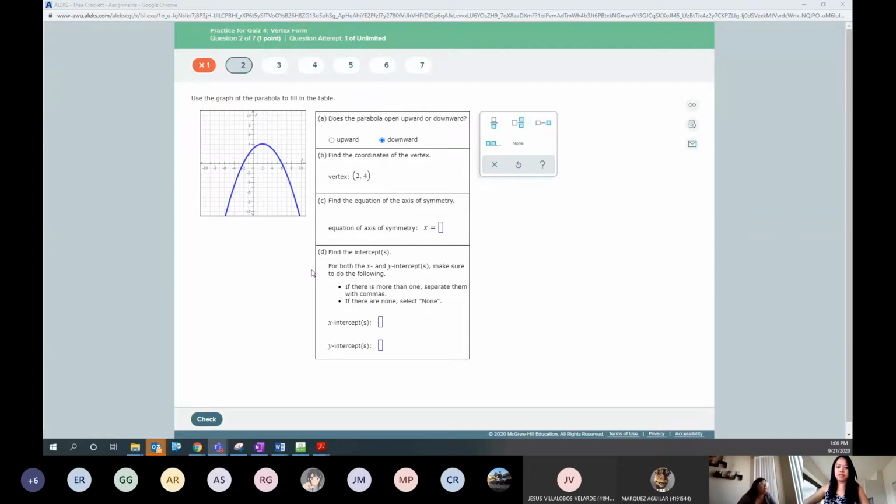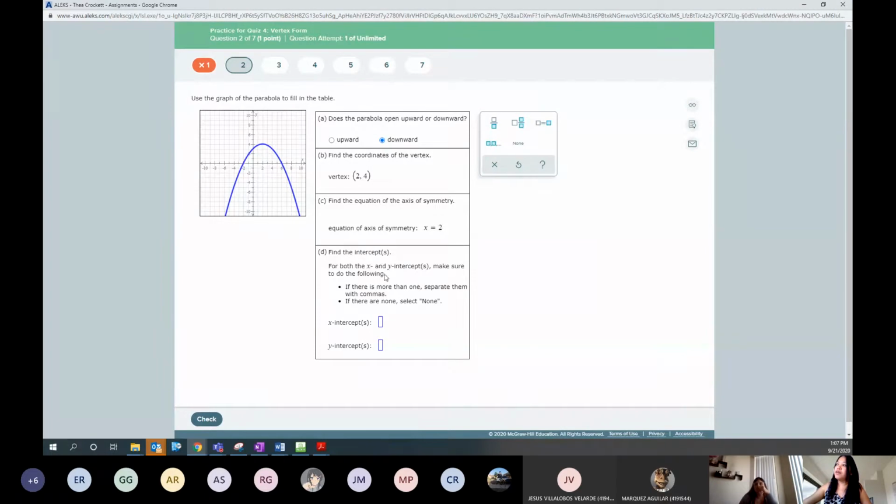No one's answering it? That should be 2. Pick the first number of the vertex, and that's your axis of symmetry. That was the question: what is the axis of symmetry?